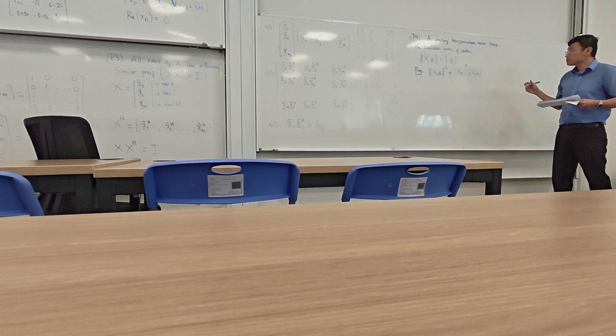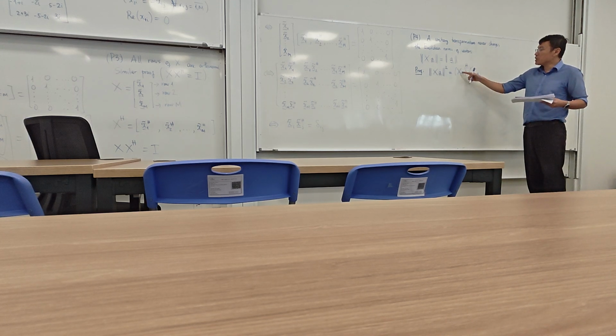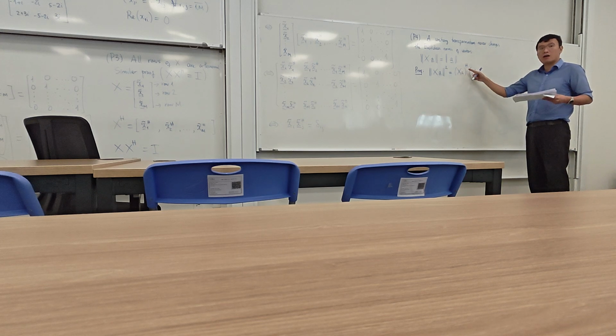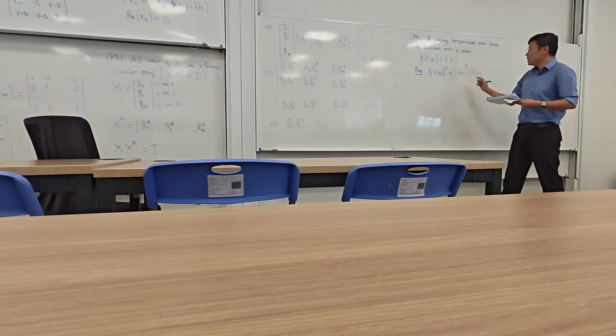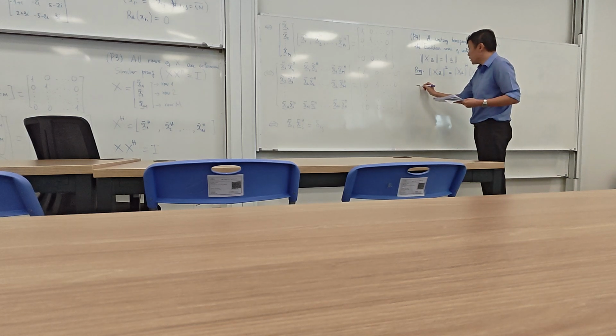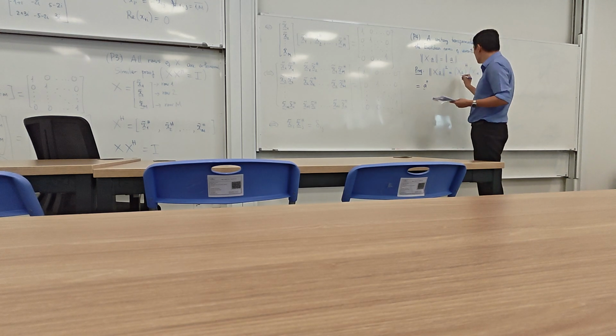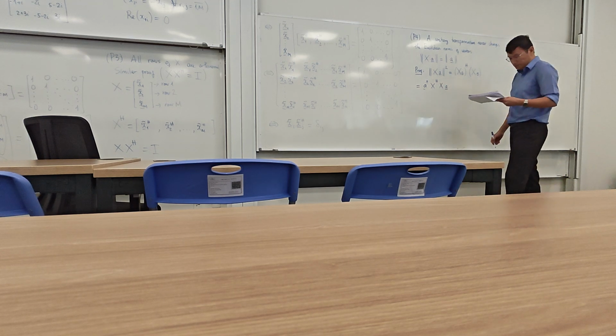So we have this one. But as you see, the Hermitian of a product equals the product of the two Hermitians, swapping the order. So this one equals A Hermitian multiplied with the Hermitian transpose of X, and here you got X multiply with A, like this.